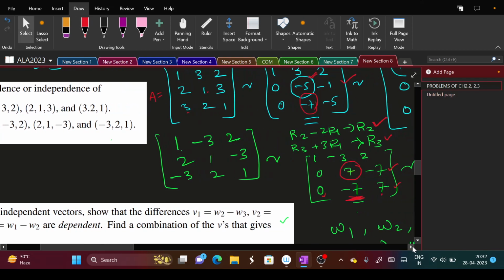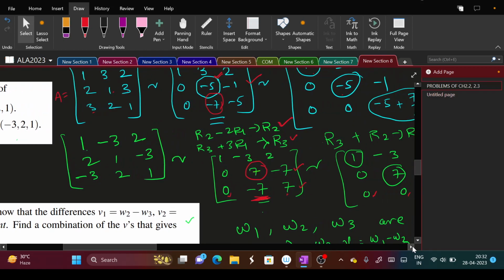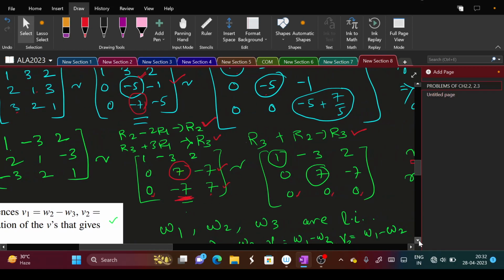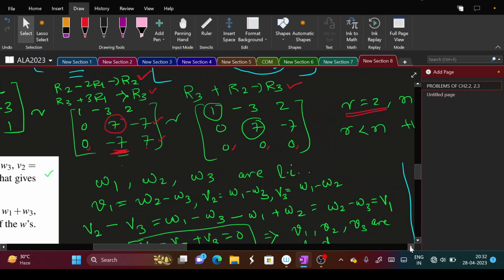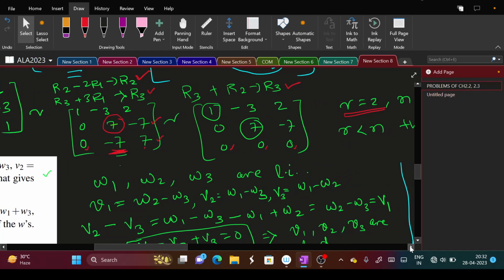So what we will do? W1, W2, W3 are linearly independent. Now V1 is equal to W2 minus W3, V2 is equal to W1 minus W3, and V3 is equal to W1 minus W2.